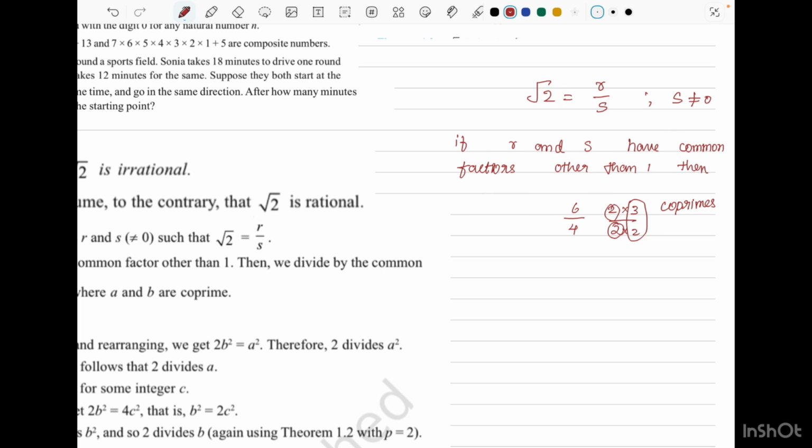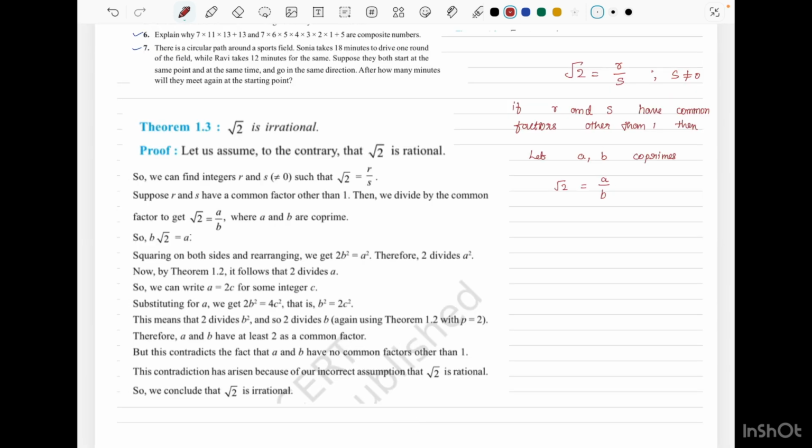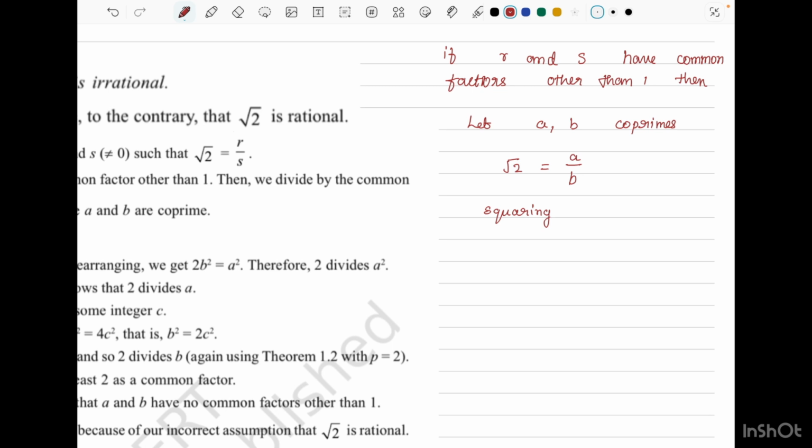Like this, we can assume that root 2 can be written as a fraction of coprimes. Let a and b be coprimes, so that root 2 is equal to a by b. Squaring both sides, we get root 2 square equal to a square by b square.